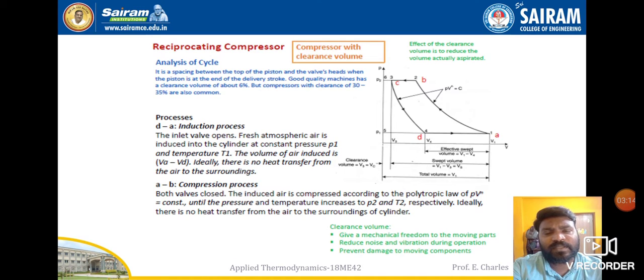Effective swept volume is the volume swept by the piston during the compression stroke. Swept volume considers the delivery volume also. So effective volume plus delivery volume is nothing but swept volume.